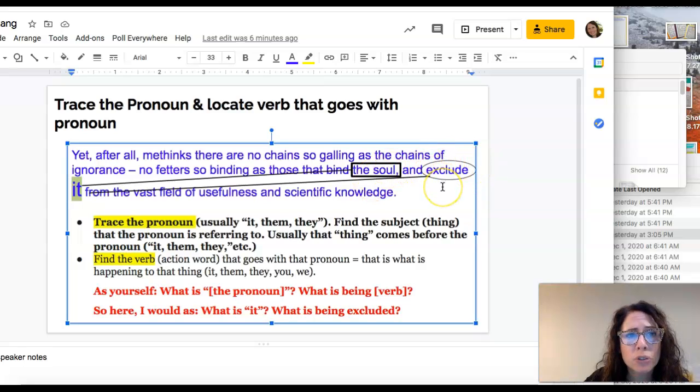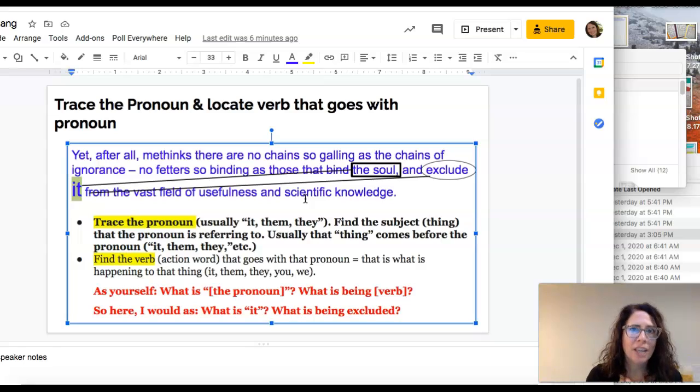The soul is excluded. What is it excluded from? You find the preposition from. Everything after: being useful and having knowledge. So put it all together. The universal idea: the chains of ignorance bind us. And more than that, they bind our soul.